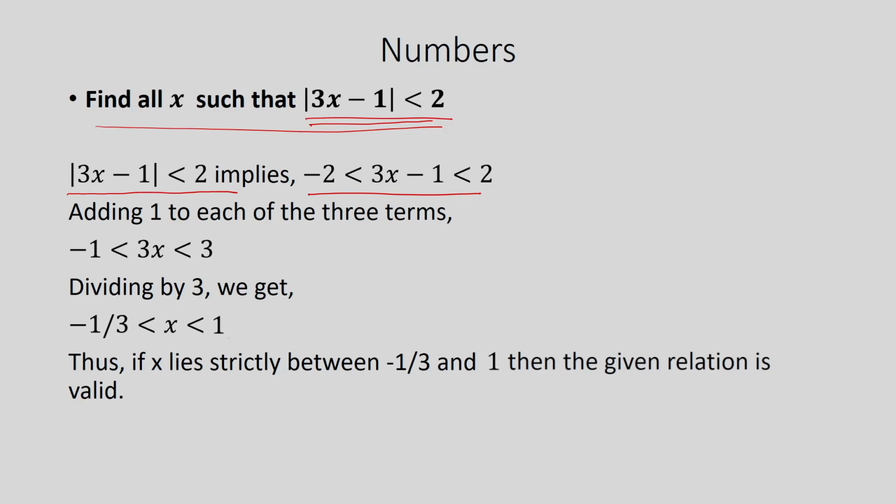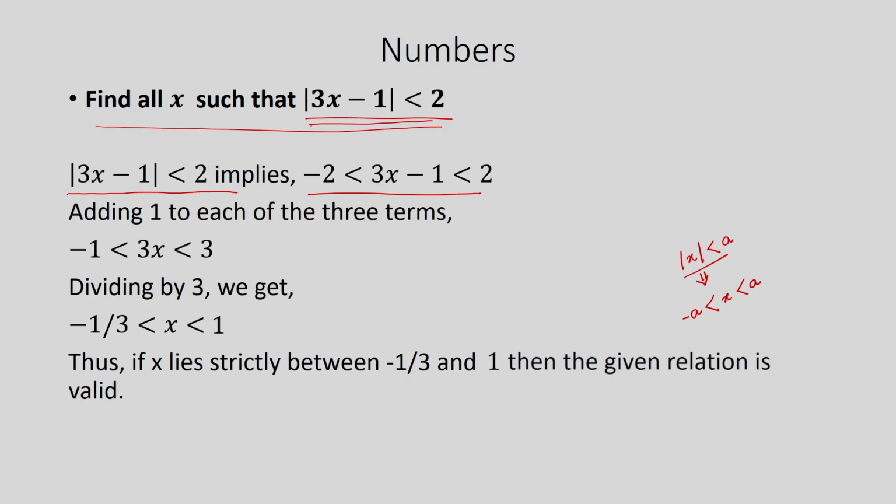What we are applying here is this property: suppose modulus of x is strictly less than a constant small a. This is given to us. What this actually implies is that x lies between plus a and minus a.